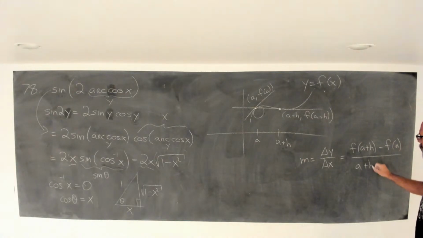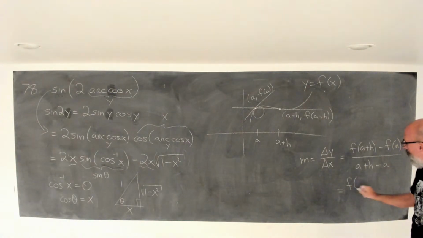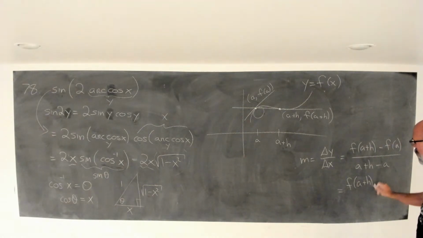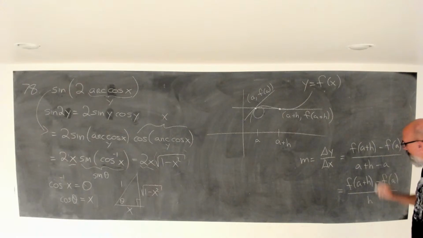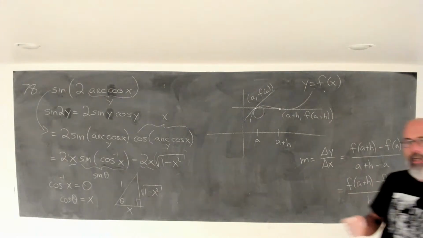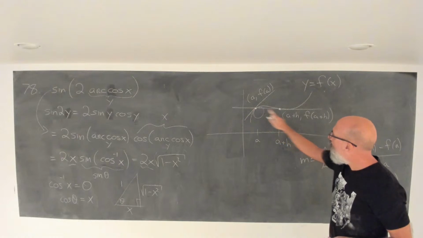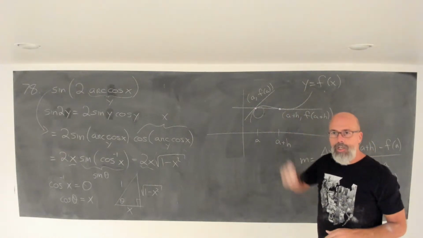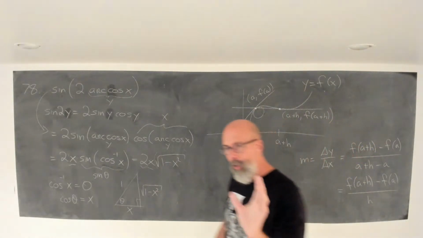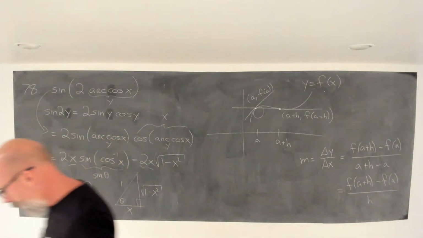It's a plus h minus a. Or, if you will, f of a plus h minus f of a over h. This is the slope of this line, which is seen as an approximation to the tangent line that we want.